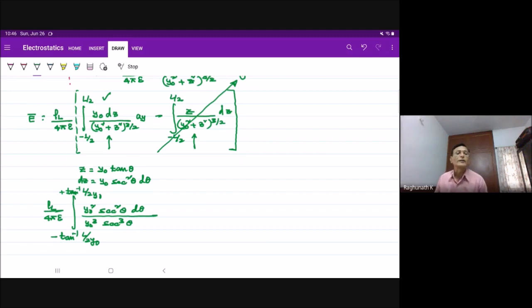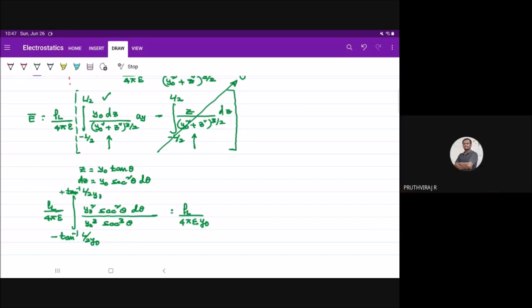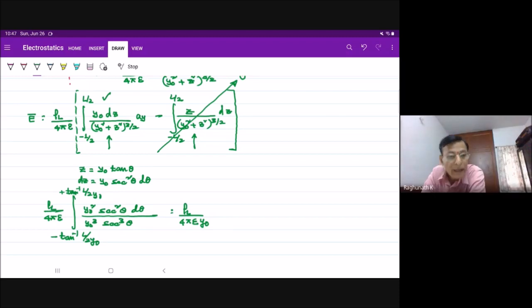This is one of the standard integrals that you are supposed to know for the sake of this subject. It becomes rho L by 4 pi epsilon naught, or epsilon, depending upon the medium, y naught, integral of cos theta d theta. 1 by secant theta is cos theta, and the integral of cos theta d theta is sin theta.